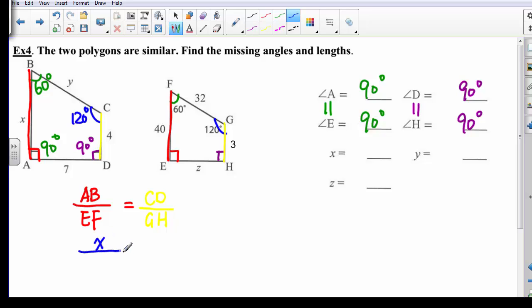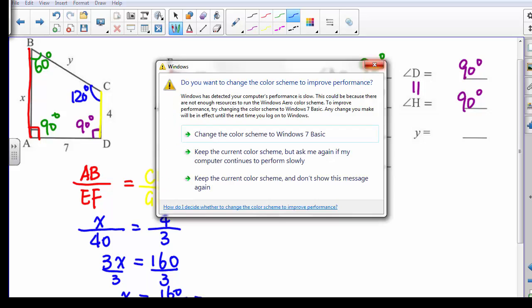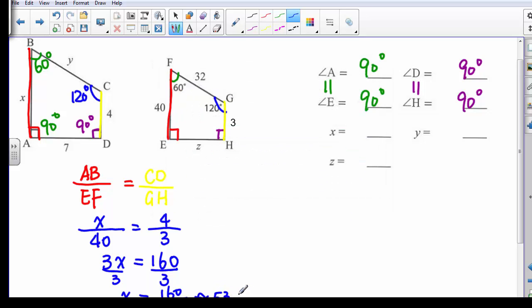AB is X, EF is 40, CD is 4, GH is 3. I use cross multiply. I will find 3x equals 4 times 40. 4 times 40 is 160. Then I divide both sides by 3. So x equals 160 divided by 3. Of course, you can also represent this answer as a decimal. 160 divided by 3 is around 53.3333.